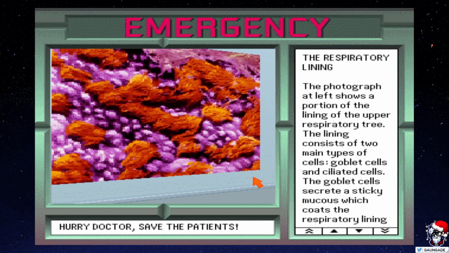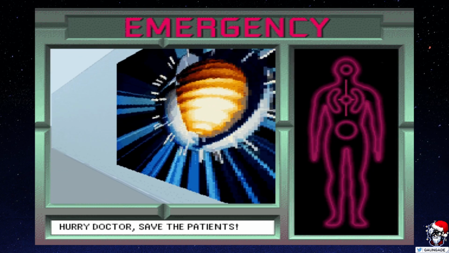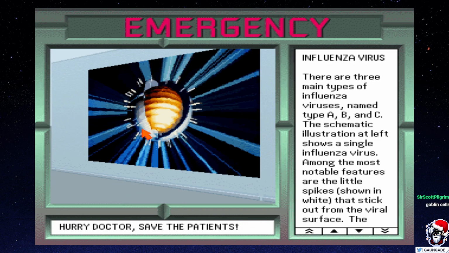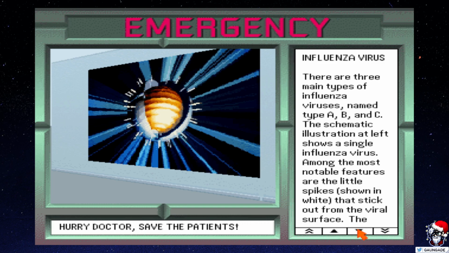The respiratory lining. The photograph at left shows a portion of the lining of the upper respiratory tree. Influenza virus. There are three main types of influenza viruses, named type A, B, and C. The schematic illustration at left shows a single influenza virus. Among the most notable features are the little spikes, shown in white, that stick out from the viral surface.